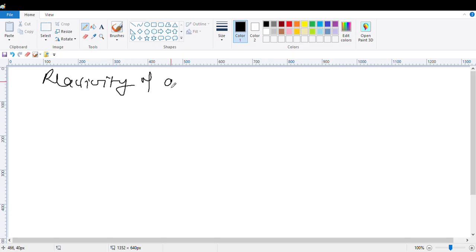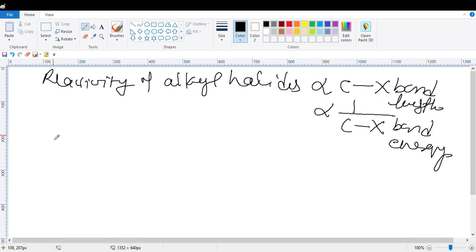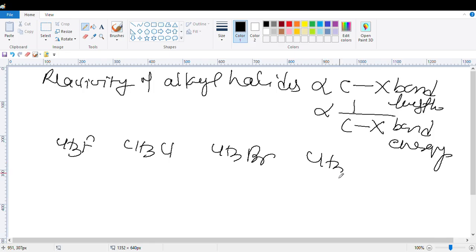Next point, we will also discuss that reactivity of alkyl halides is also directly proportional to the C-X bond length, or inversely proportional to the C-X bond energy. So here we are taking CH3F, CH3Cl, CH3Br and CH3I.